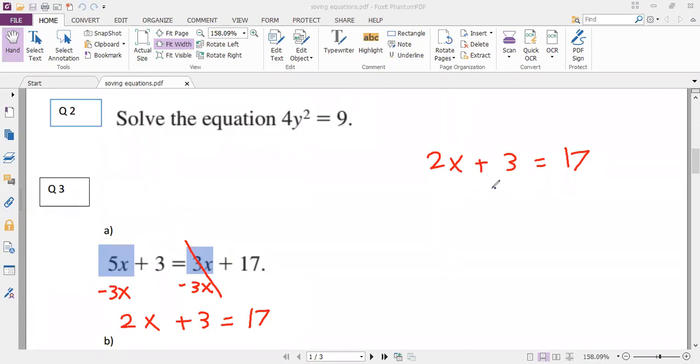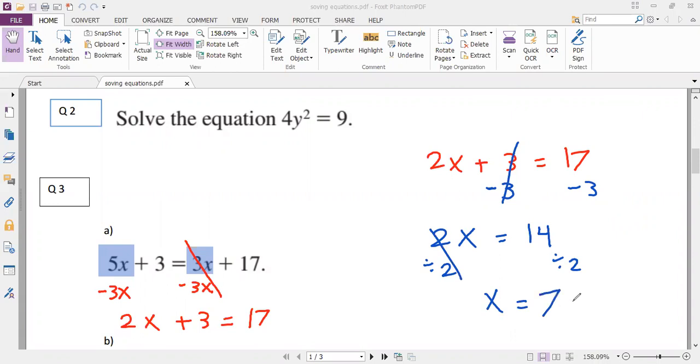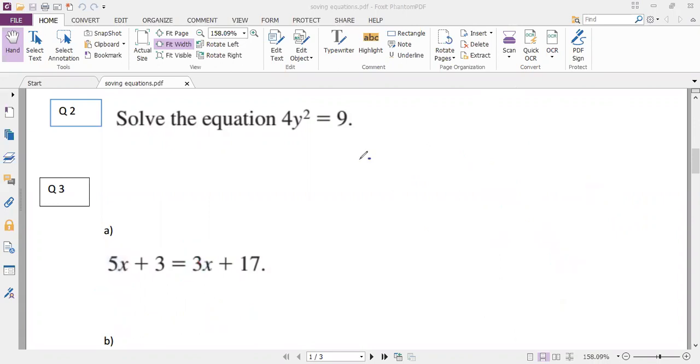Subtract 3 from both sides. So you end up with 2x equals 17 minus 3, which is 14. And to get the value of x, just divide by 2 both sides. So x equals 14 divided by 2, which is 7. We can find the value of x.